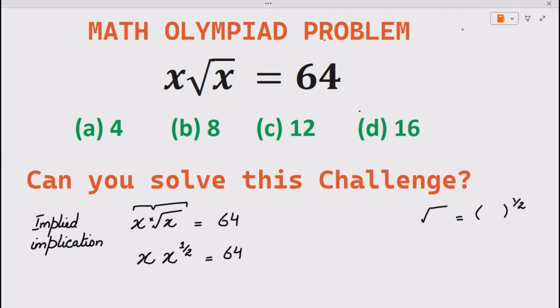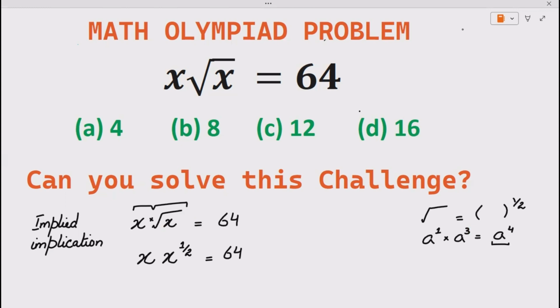Now, in the second step, we have to use another very simple rule of mathematics, which says that if you have the same base, their powers are added. For example, if we have a raised to the power 1, multiplying with a raised to some other power like 3, we can write it in composite form as a to the power 3 plus 1, which is 4.